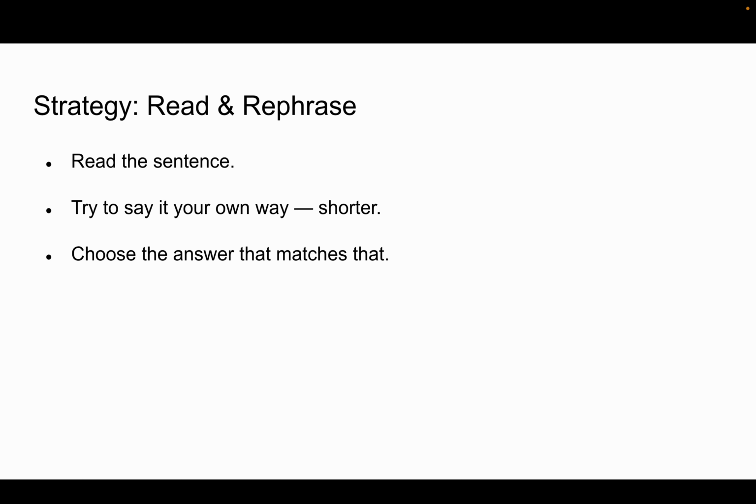If you can do that, pick the answer that matches your concise version and is grammatically correct. In a case where the shortest option changes the meaning, you're not supposed to pick that one because it would be a different meaning. In this case, you should choose the next shortest word or phrase that keeps the same meaning.